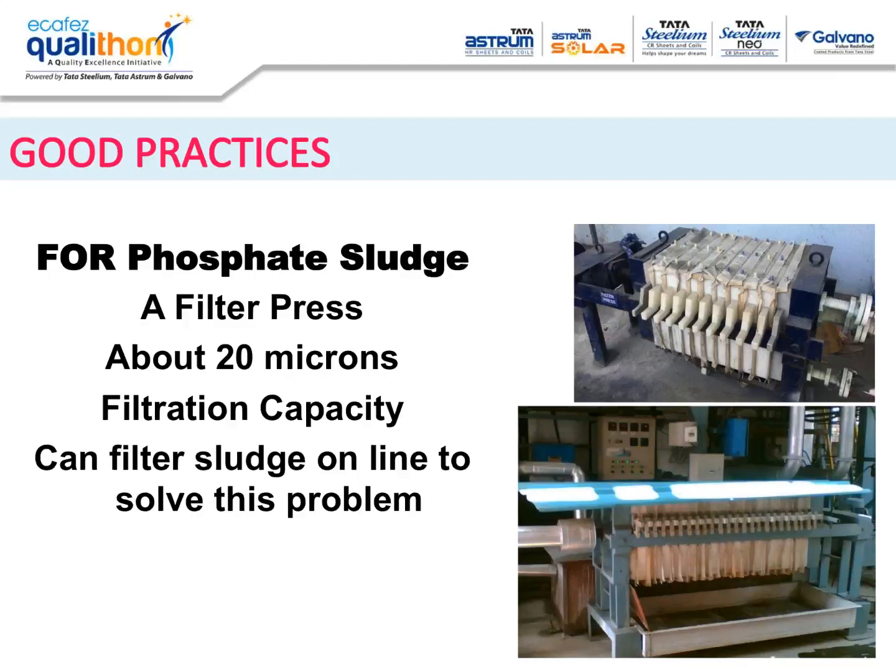Now that chemical could be about 5 to 10% of your bath volume. The cost of phosphate chemical is very high and you are throwing that chemical unnecessarily just for getting rid of the sludge. So basically, if you have this kind of filter press, I think you don't need to discard your chemicals, and the cost will be saved.